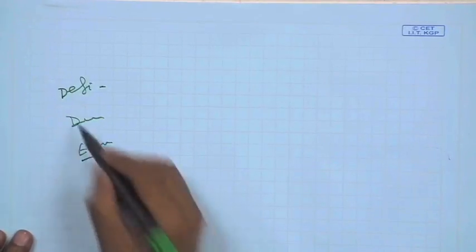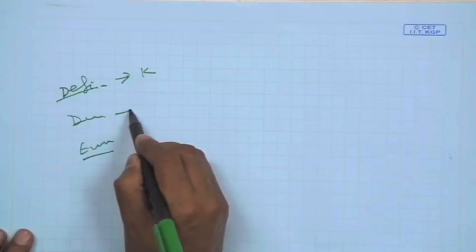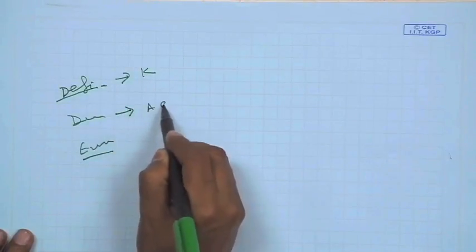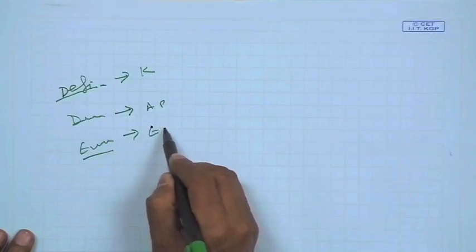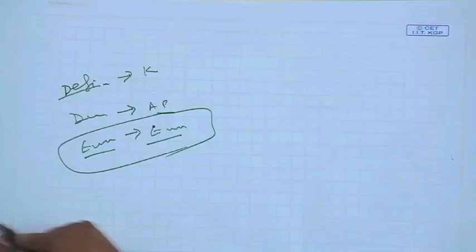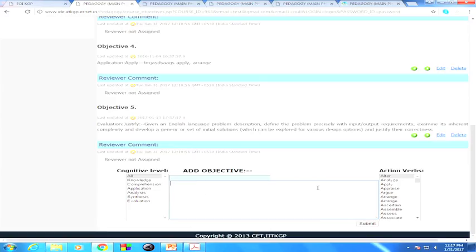Define is a knowledge level, derive or design may be application level, and evaluate is evaluation level. As per Bloom's taxonomy, if you know the higher level, it is assumed that you know the lower level. So, if an objective has multiple action verbs, let us see objective 5.